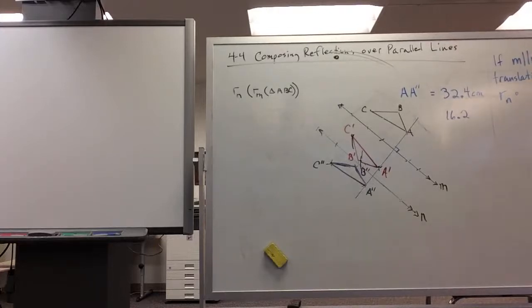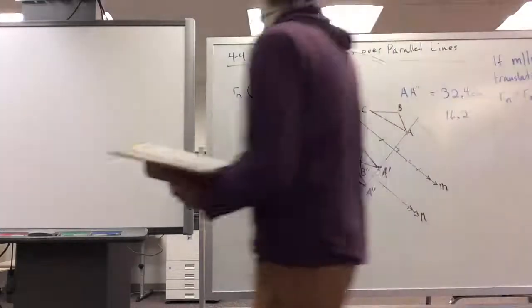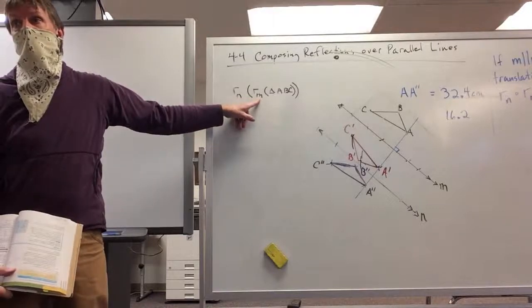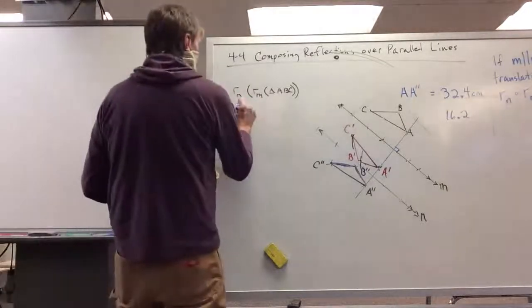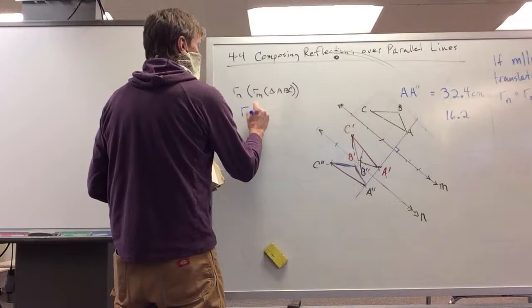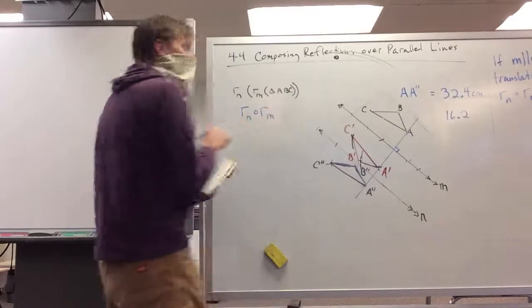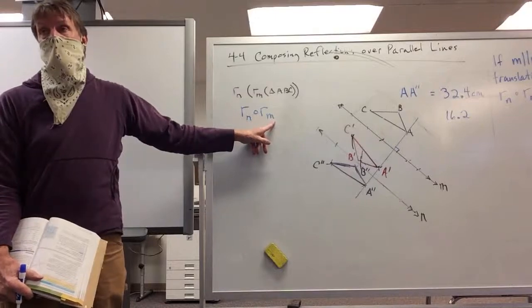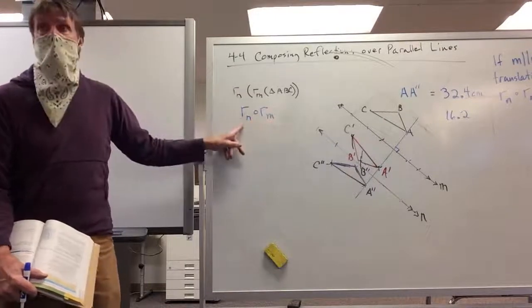That means composed with. The reflection over m. So this right here is exactly the same meaning as what I wrote here. It's just a different way of writing it. So this could be written as the reflection over n composed with the reflection over m. And again, you do the second one first. So here you reflect over m and then over n, just like what we did.